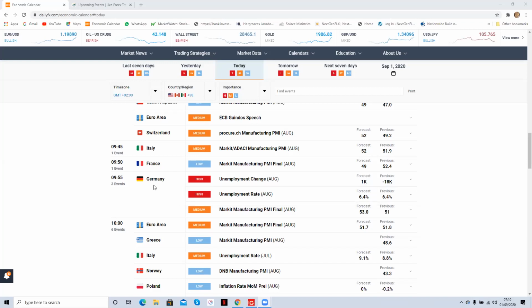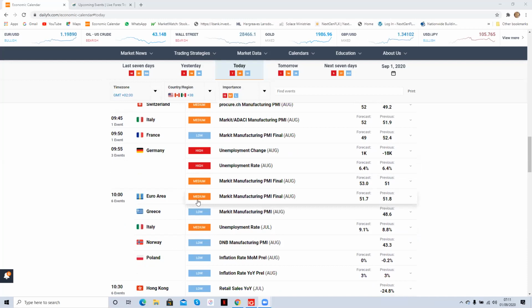And of course, again, Germany being the powerhouse in Europe, there's an unemployment rate, an extremely important report due out at 9:55. So that's a report of extremely high importance. So we're definitely going to avoid trading prior to this report because this is certainly going to affect the euro US dollar. So that's the first report of high importance.